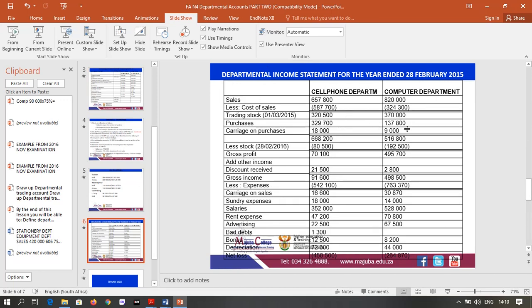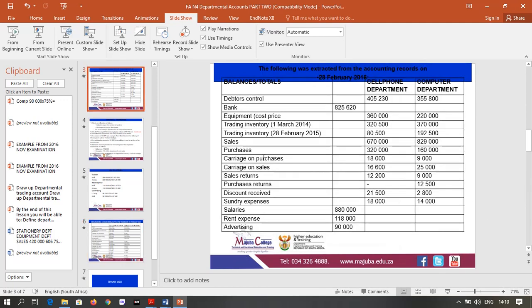Then you come to your purchases account. Your purchases account is the one that you work. Remember, the time we were doing the departmental purchases account, you apply that principle. You start with the balances for purchases, which is 320,000 and 160,000.